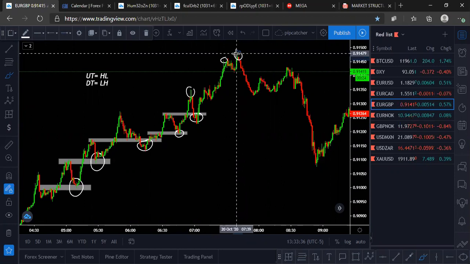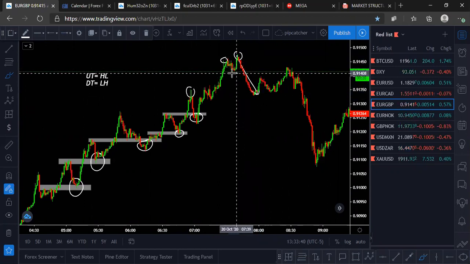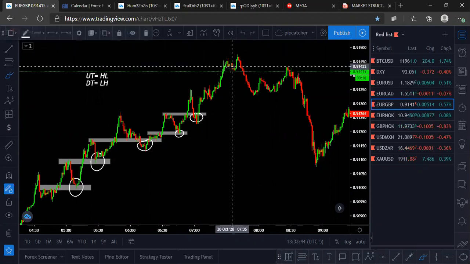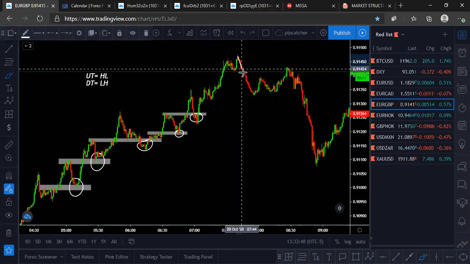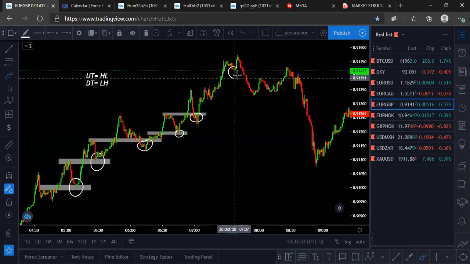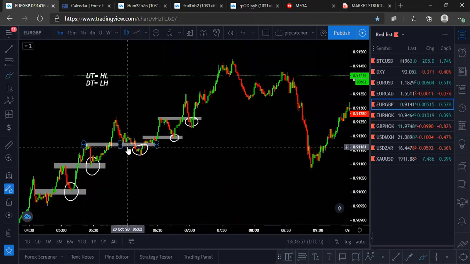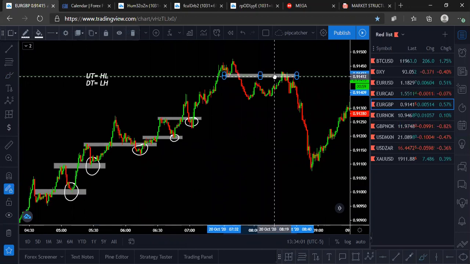But look, the market soon enough breaks through this low, okay? You see this structure trade down below it, breaking this low.